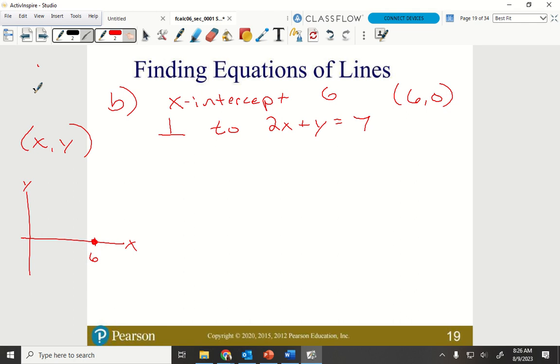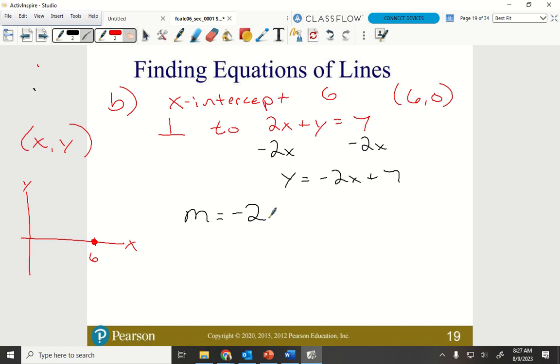What am I going to do to that positive 2x to get y by itself? Subtract. Very good. Let's subtract 2x from both sides. Y equals negative 2x plus 7. So in that form right now, I know that my m, my slope, is negative 2.